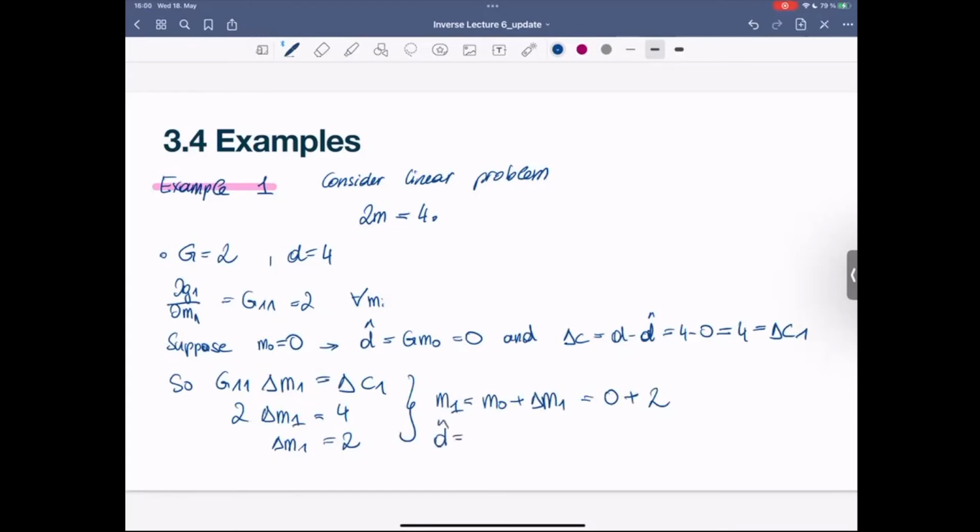The predicted data is now g of 2, which is 2 times 2 equals 4. And then our delta C is d minus d hat, 4 minus 4 equals 0. And this converged within a single step.